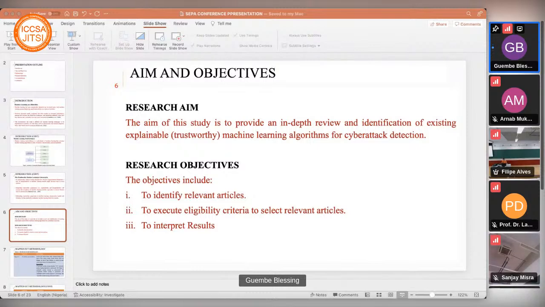And finally, what is the impact of explainable machine learning in cybersecurity domain? The rationale behind this is to identify the impact of explainable machine learning techniques in cybersecurity domain. Accomplishment of Objective 1.